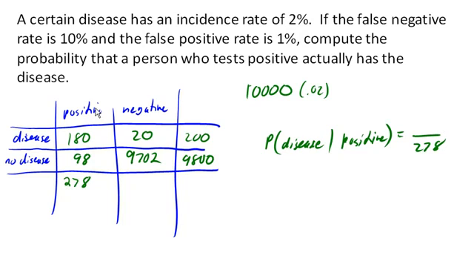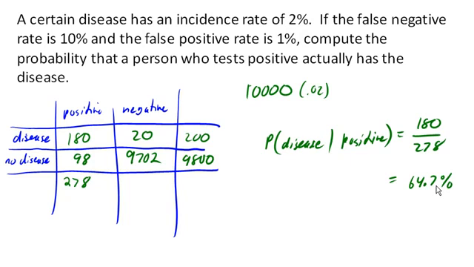Of them, 180 have the disease, and that comes out to be about 64.7%. So about 65% of people who test positive, in this case, will actually have the disease.